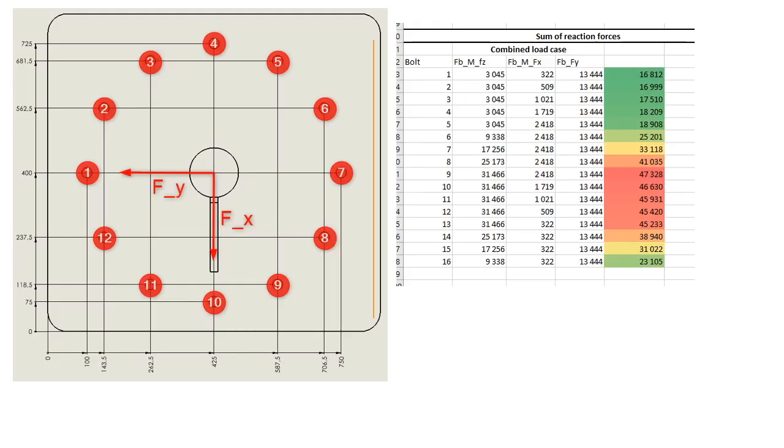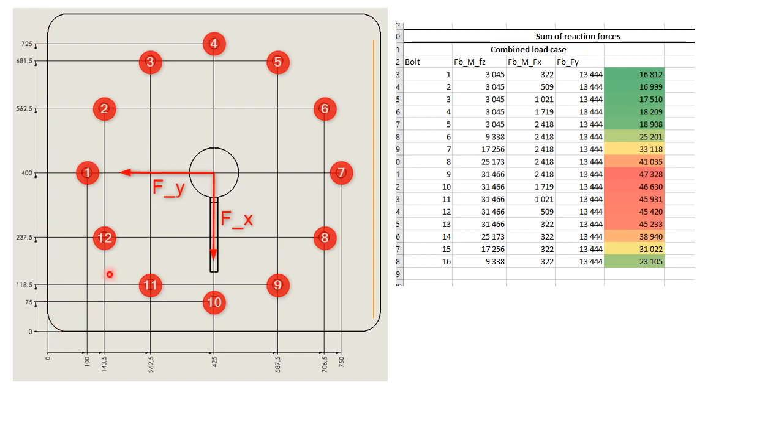Another nice thing is that we can also do the same thing if the force is not following a straight line, or it was maybe a force that is going in this direction, and you decompose it into a force in x direction and a force in y direction. First you calculate the reaction forces in a bolt based on the force in x direction that is tilting this flange over this pivot line, and you are using these values to calculate the reaction forces.